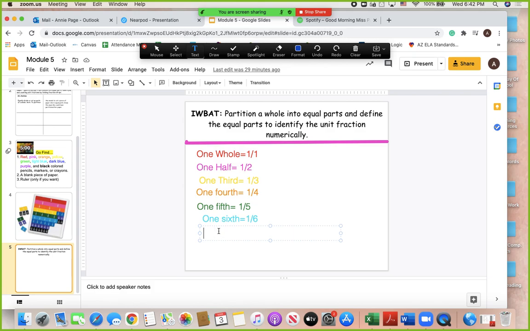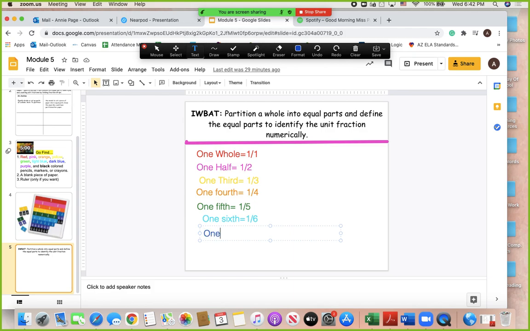And then remember we talked about yesterday, 1/7 is not a frequent fraction we talk about, okay? We don't use it to find patterns as much. So we're going to skip it for our rainbow. But that one would be 1/7.